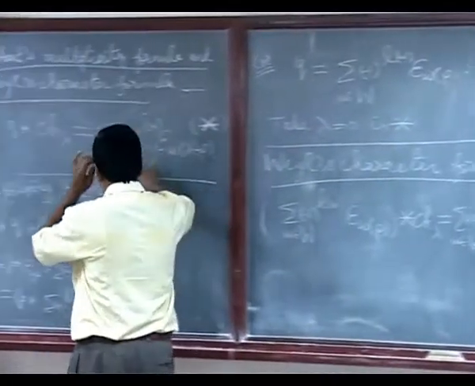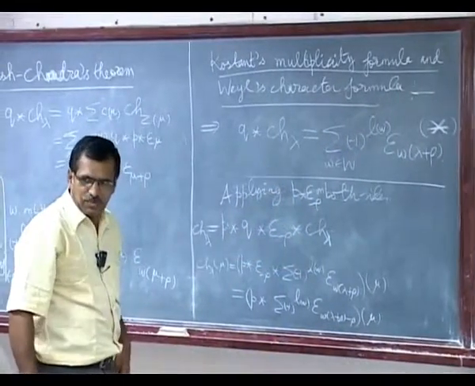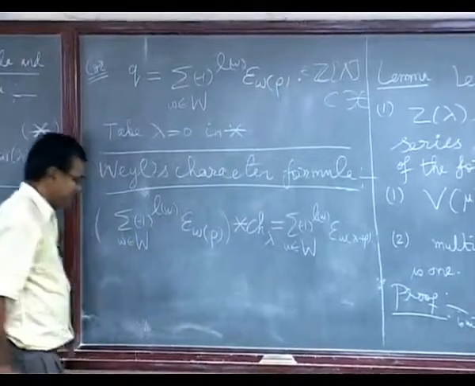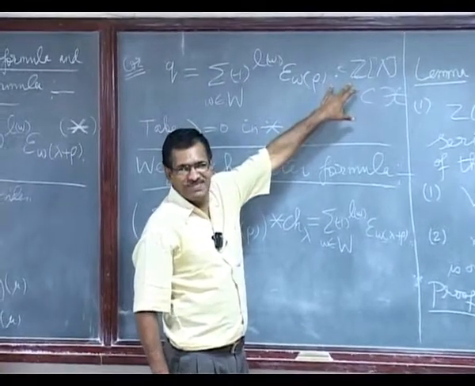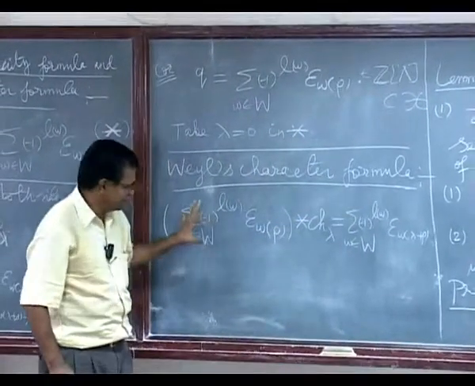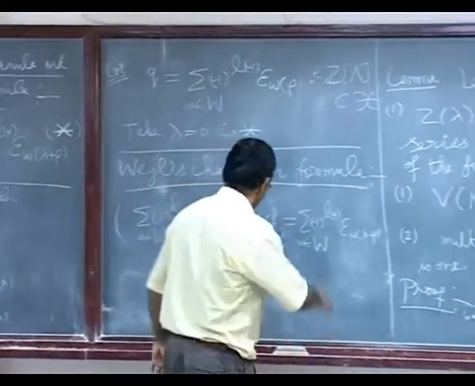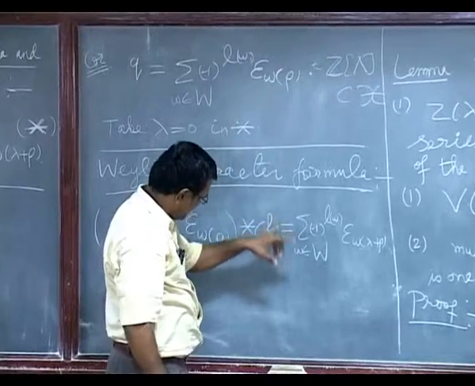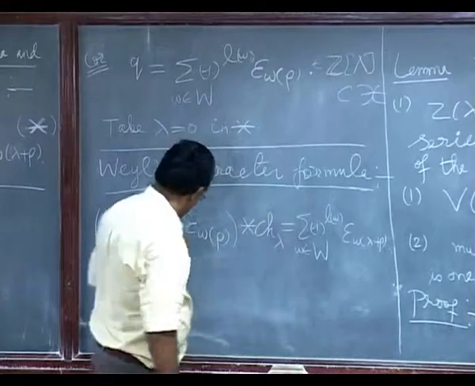I just rewrite the star with Q equal to that, that is all, that is the Weyl's character formula. So, in particular the nice thing is that this divided by this is always a genuine element of this one. A priori it is not clear that this element divided by this is actually a formal element. But we know this is an element here, lambda is a dominant integral, so it is a finite integral linear combination of certain weights, and therefore, this is clearly an element here. So, this divided by this follows from here.